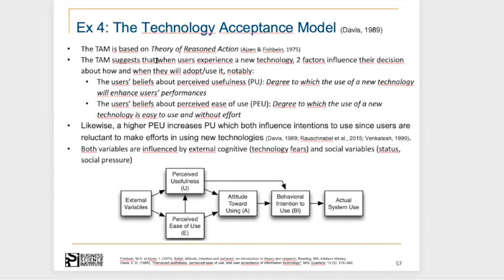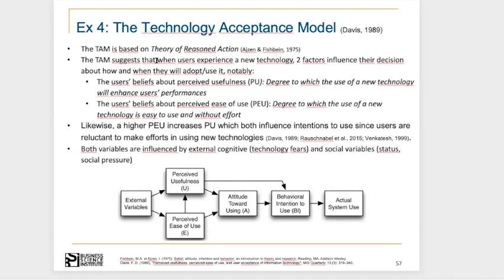It is based on the theory of reasoned action, that is, customers are rational and take decisions based on cognitive beliefs. So the TAM suggests that when users experience a new technology, two factors influence the decision about how and when they will adopt and use it.